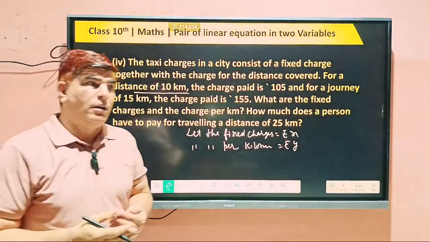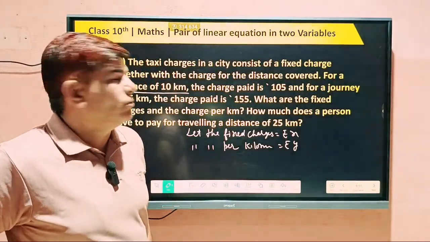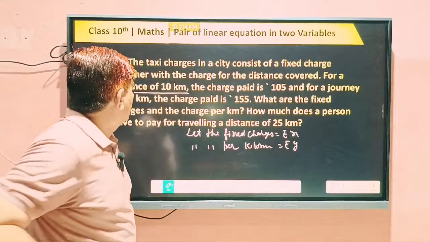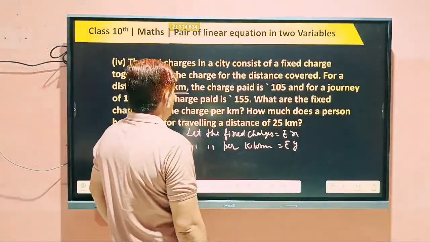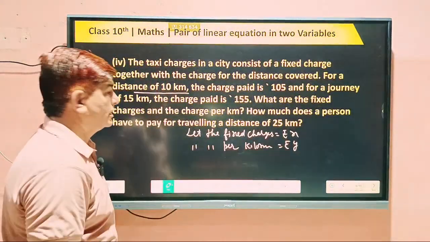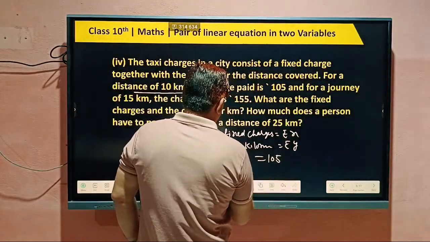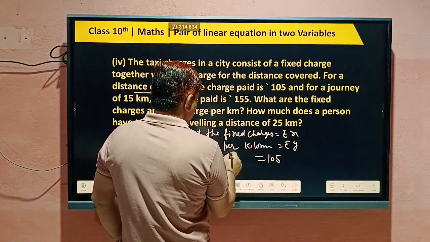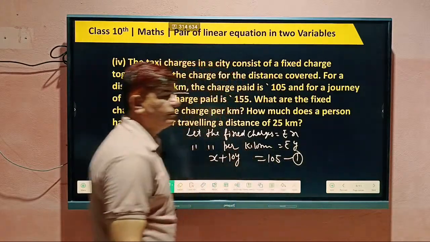If you are able to prepare a linear equation as an algebraic expression, then you can show it. Total distance is 10 kilometers, and the person pays 105 rupees. So fixed charges x plus 10y is equal to 105. This is your equation number 1.